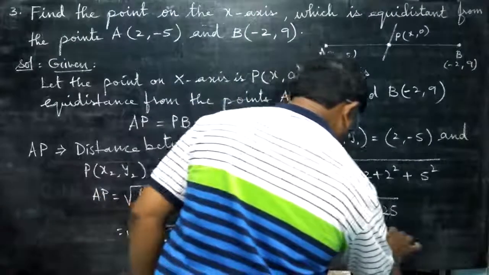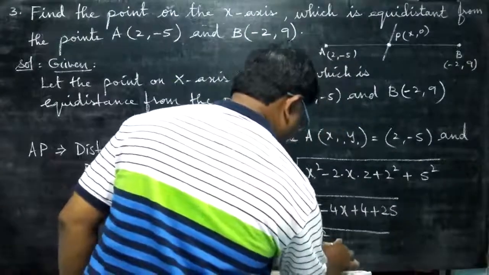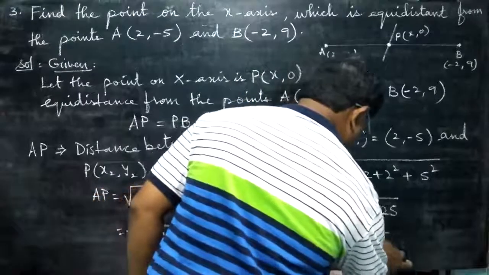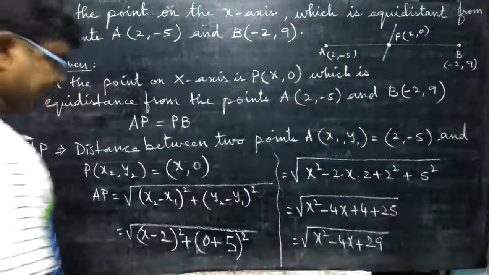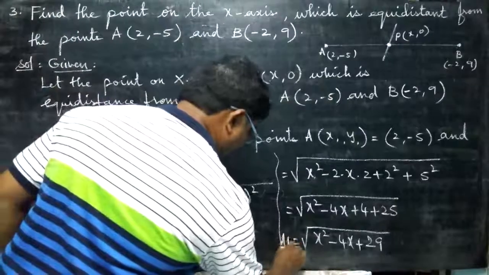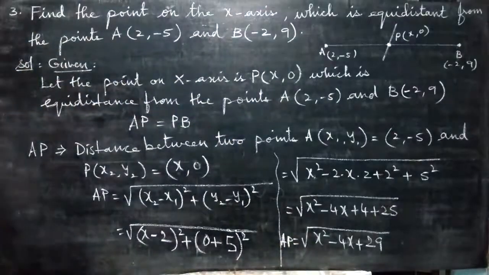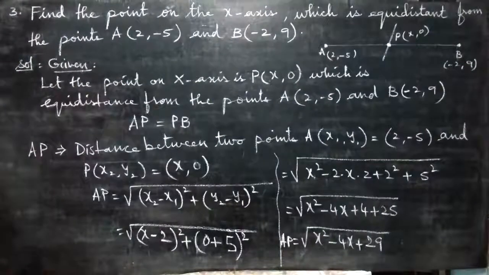Square root of x square minus 4x plus 29. This is AP: x square minus 4x plus 29.